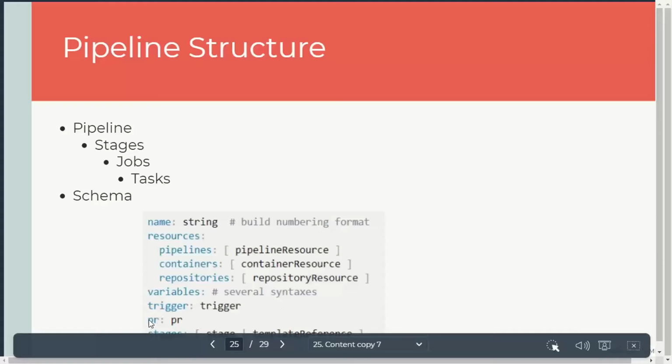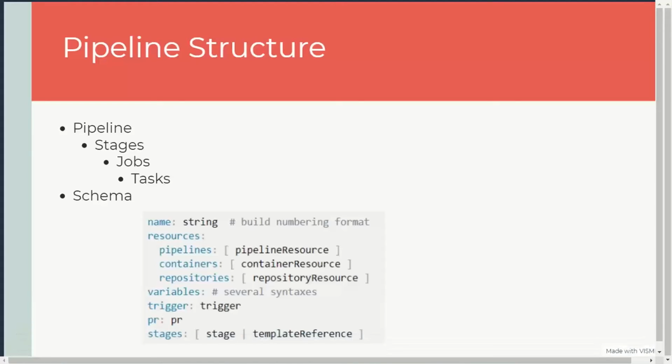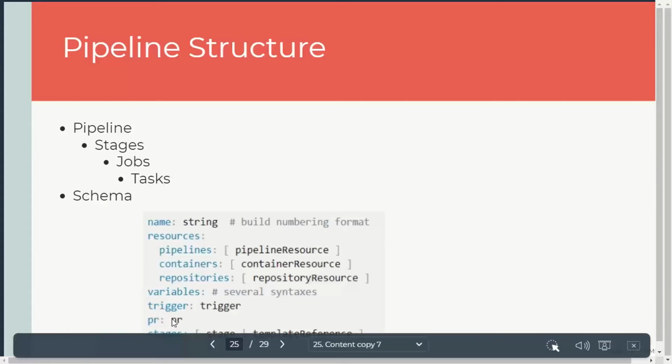And the next one is the PR. In the earlier session in Azure Repos, we saw the pull request. When we are merging from the source branch to the destination branch, we raise the PR, and when we raise the PR to the particular branch, it will automatically trigger the build. So that also we can mention here.